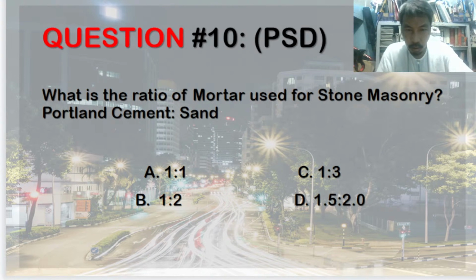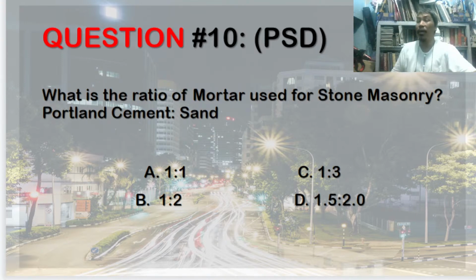B, 1:2. C, 1:3. D, 1.5:2, meaning 1.5 parts of cement, 2 parts of sand. Letter A is 1 part of cement, 1 part of sand, so equal amounts. The answer is letter B, 1:2: 1 part of cement, 2 parts of sand for stone masonry.